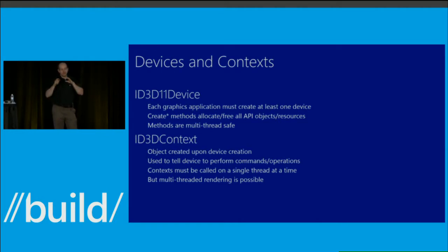And so we've taken these things and disaggregated them. What that allows us to do is the D3D device object is multi-thread safe, so you can hit that with as many threads as you want. The context, however, can only be called on by a single thread at a time. However, if you do want to do multi-threaded rendering, there are more advanced ways to do that, but that's significantly beyond the scope of this presentation.